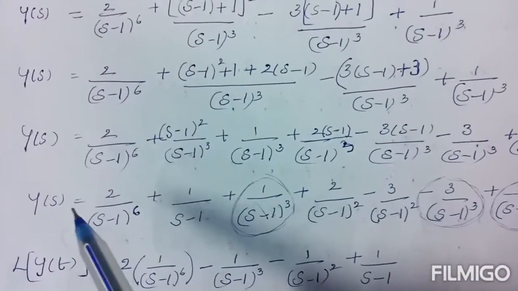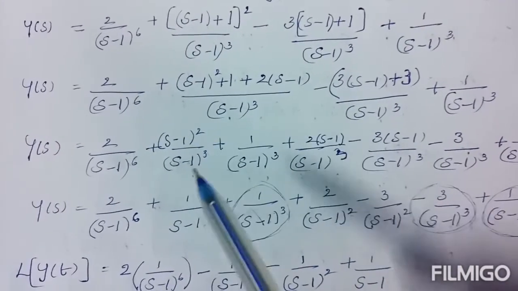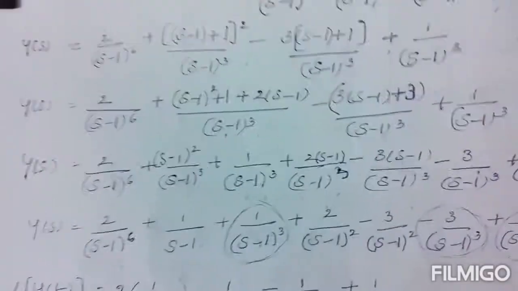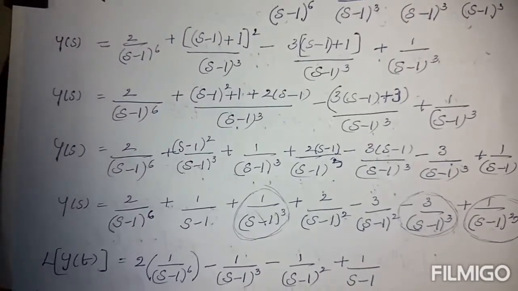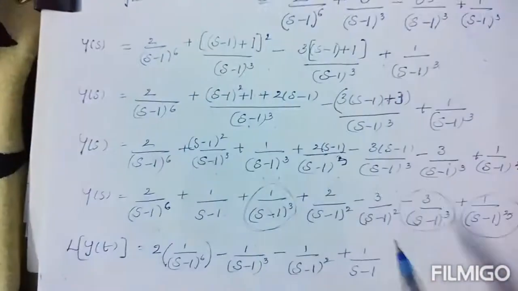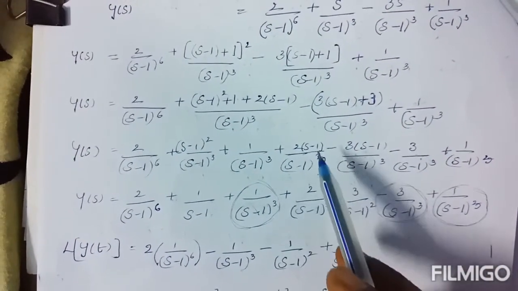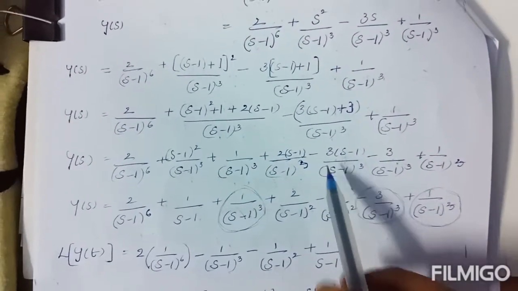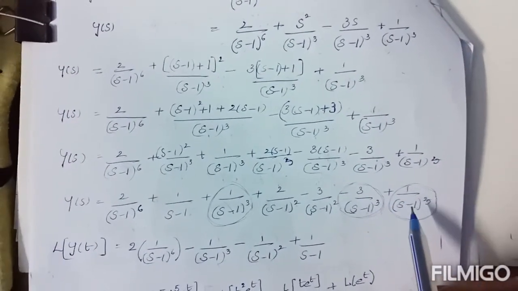Here y of s equal to 2 by s minus 1 whole power 6. s minus 1 whole square, s minus 1 whole cube get cancelled, 1 by s minus 1. After that, here plus 1 by s minus 1 whole cube plus s minus 1 get cancelled, 2 by s minus 1 whole square, minus 3 by s minus 1 whole square, minus 3 by s minus 1 whole cube plus 1 by s minus 1 whole cube.